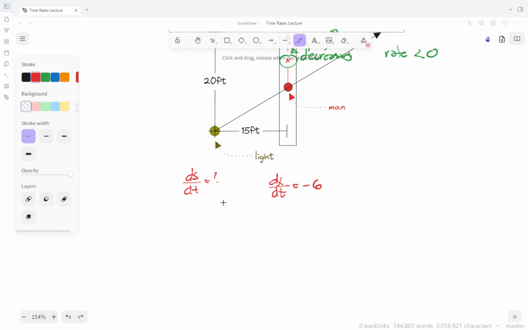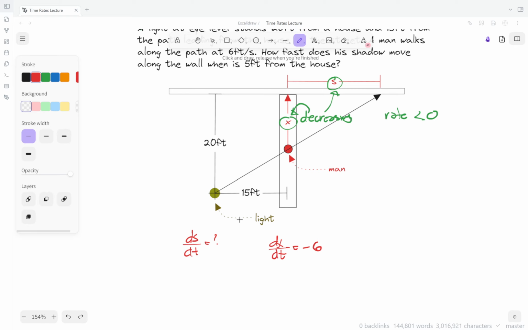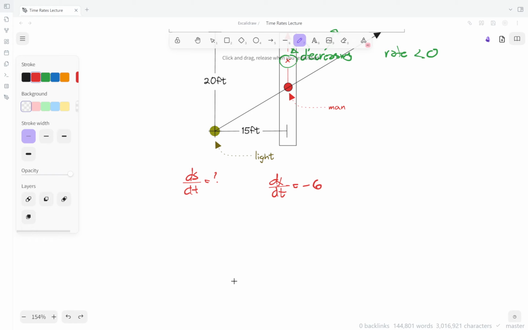Now we need to find a way to relate the variable s and x. The way to do that is, again, to look at triangles. Triangles are really the answer for these kinds of things. So how do you do that? Let's draw a separate triangle here. That is a right triangle, assuming that your light and your walkway are directly perpendicular to the wall.